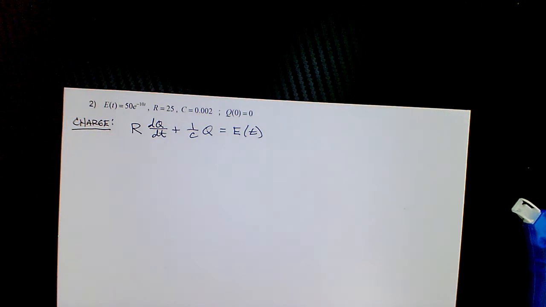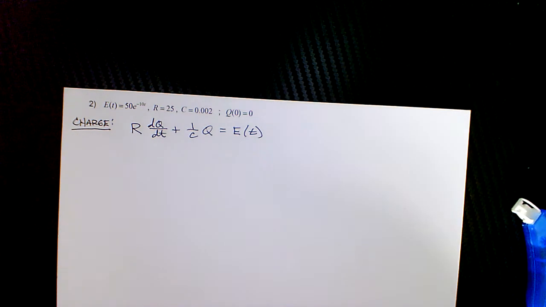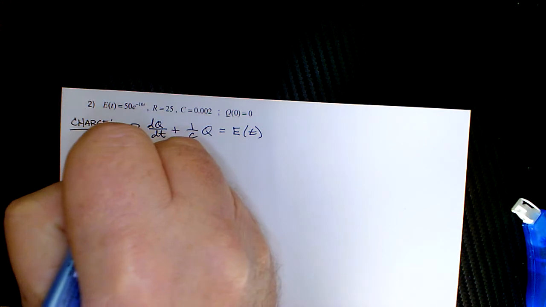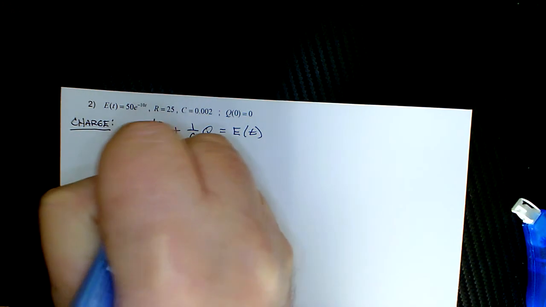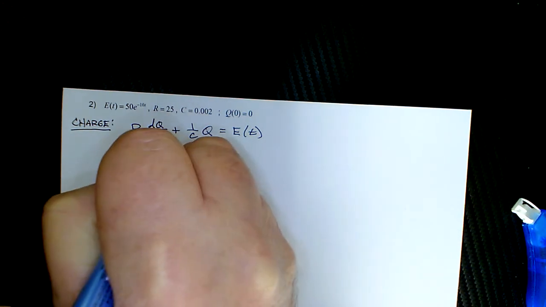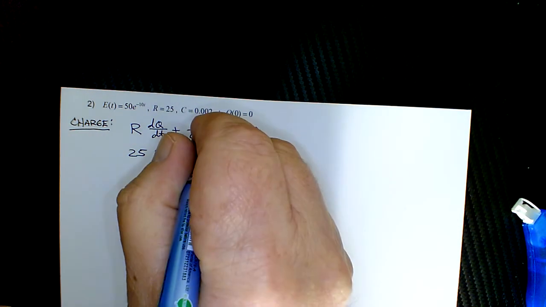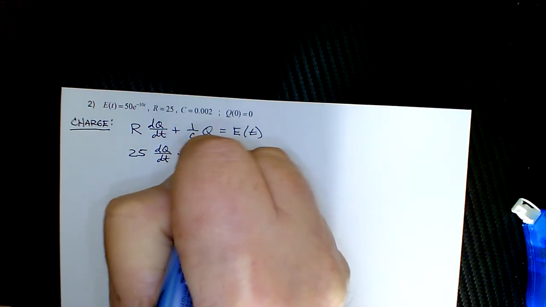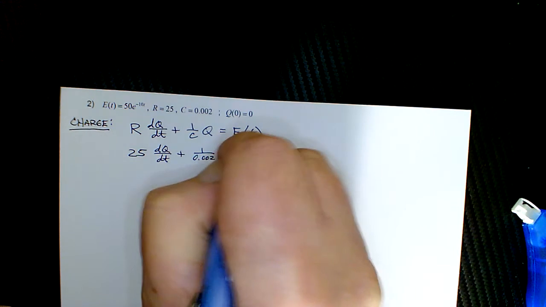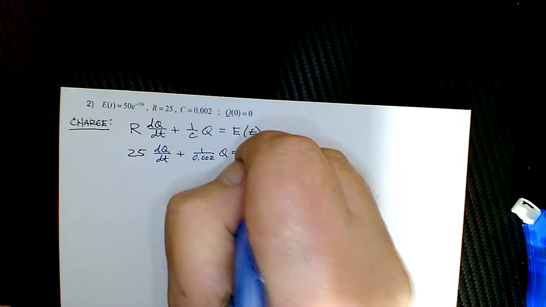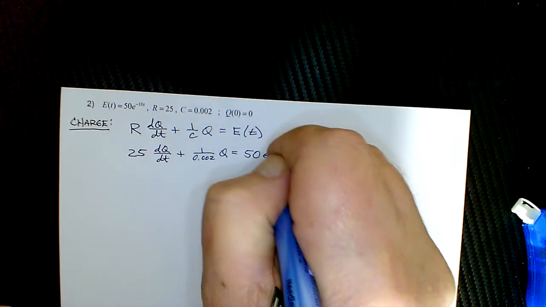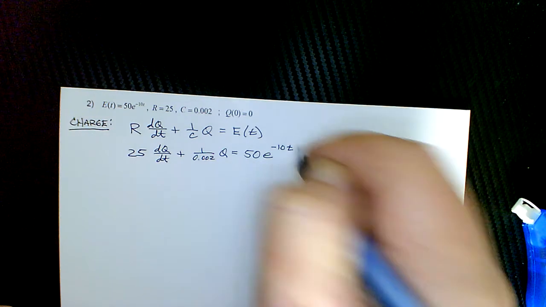And we just make our substitutions. So R was 25, so 25 dq dt plus, okay, 1 over 0.002 for c times q equals, now e is 50 e to the negative 10t.